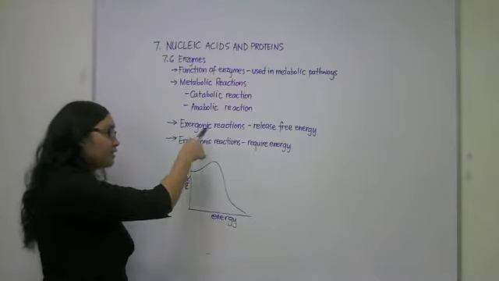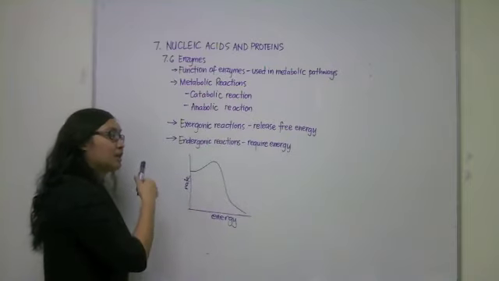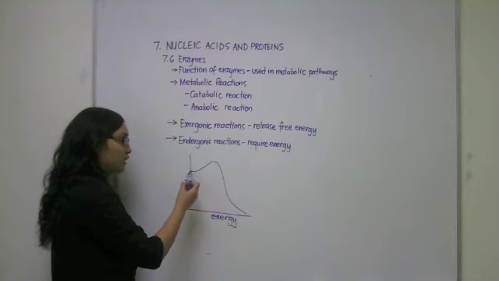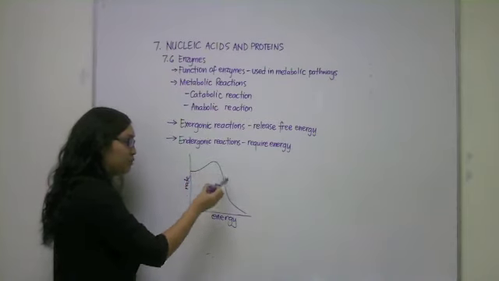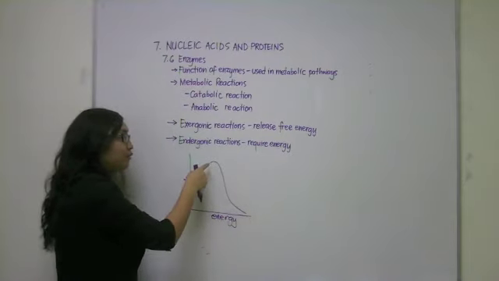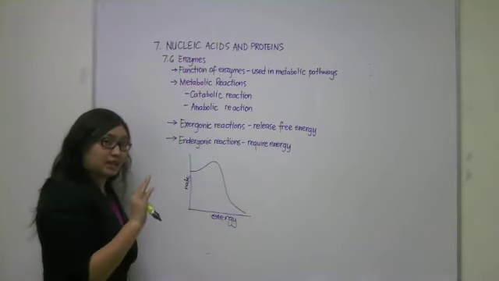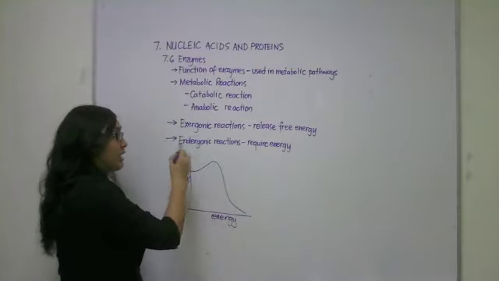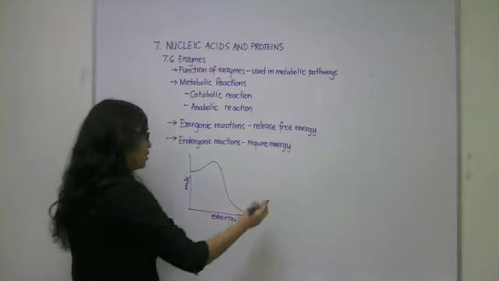So in exergonic reactions, whenever we change a substrate into a product, we release free energy at the end of the process. Whereas endergonic reactions are the opposite, because this is when we put in energy. Hence, endergonic reactions require energy.